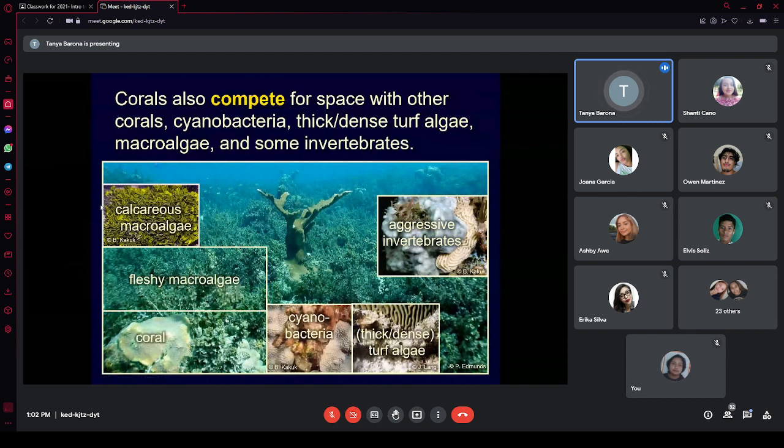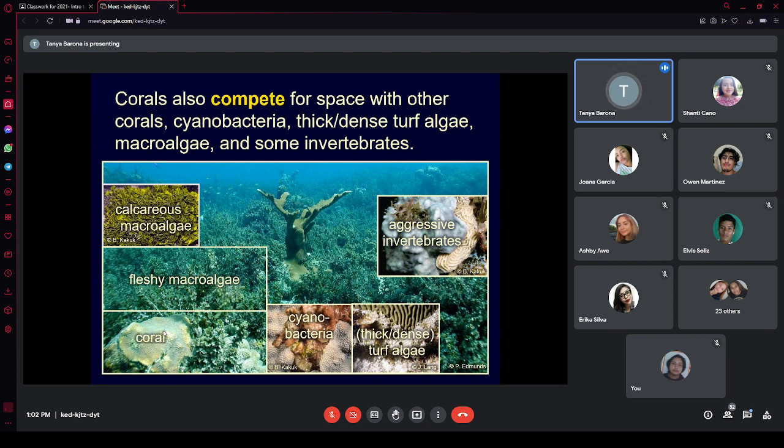Corals also compete for space with other corals. For example, if you have a brain coral at the bottom here and a different species of coral, these are, remember, separate coral colonies. They're not able to move, but they will grow in that same space.